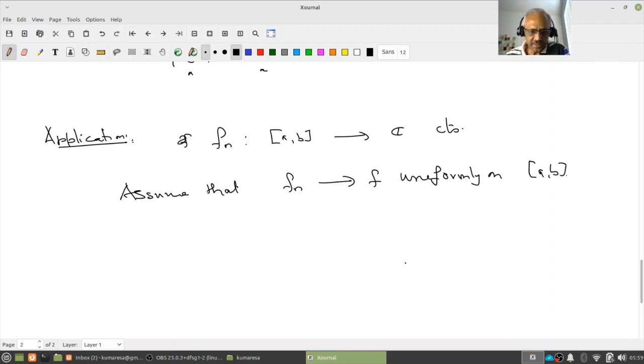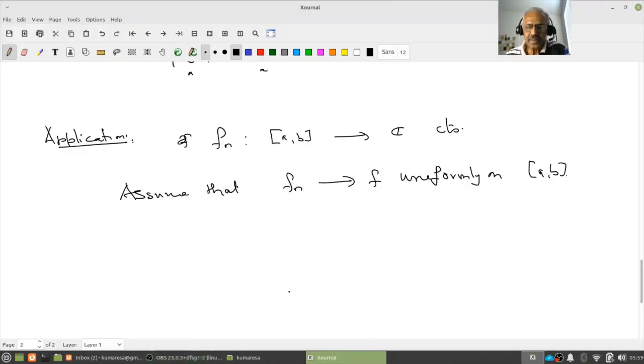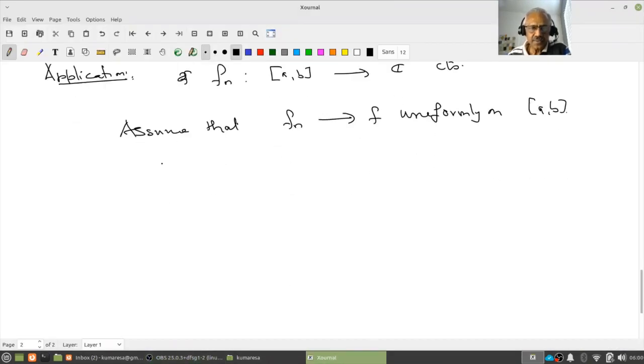Let me just check whether I started sharing. Yeah, good. Then we know f is continuous, therefore the integral from a to b of f of t dt makes sense.